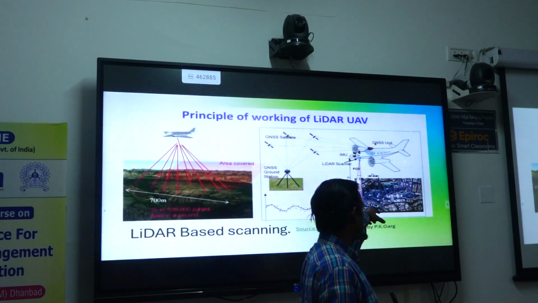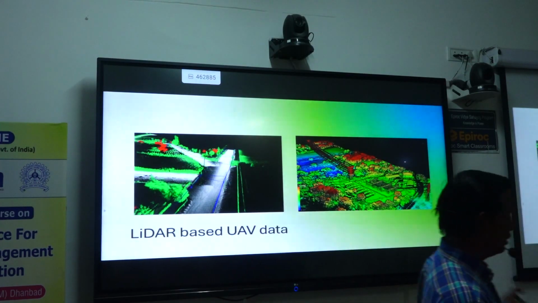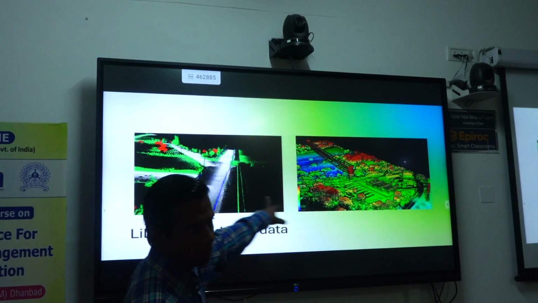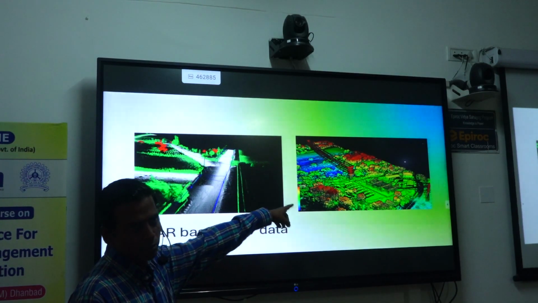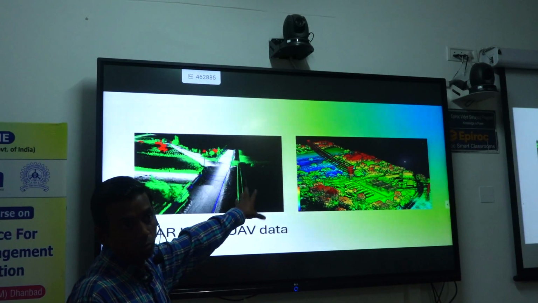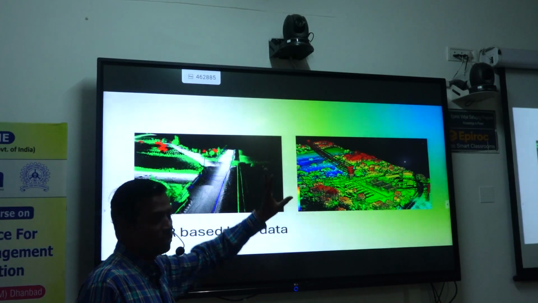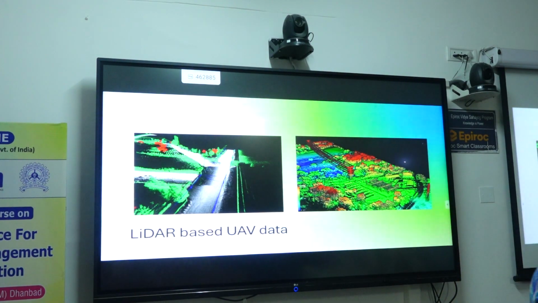Now this final image is the radar based image. You see, it looks like an image, but it is not actually an image, it is point data, multiple points. The only disadvantage of this radar data is that a huge amount of points are collected.